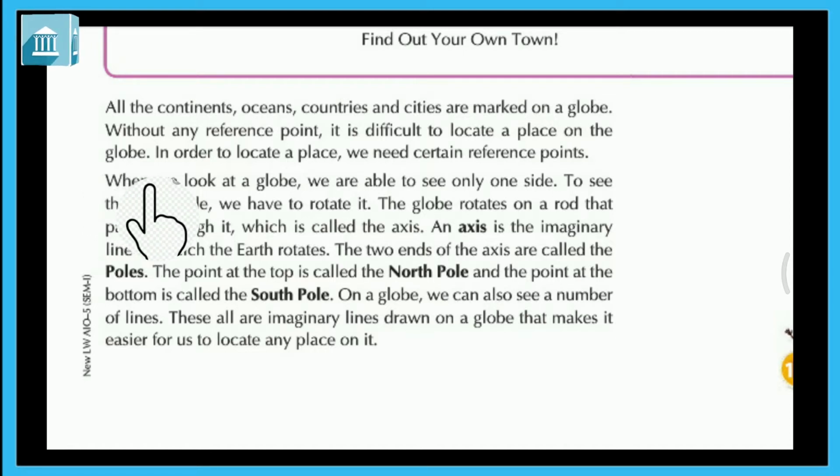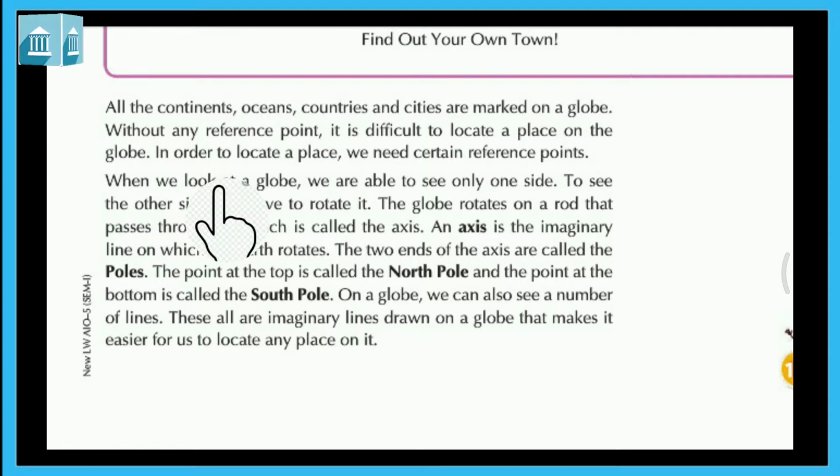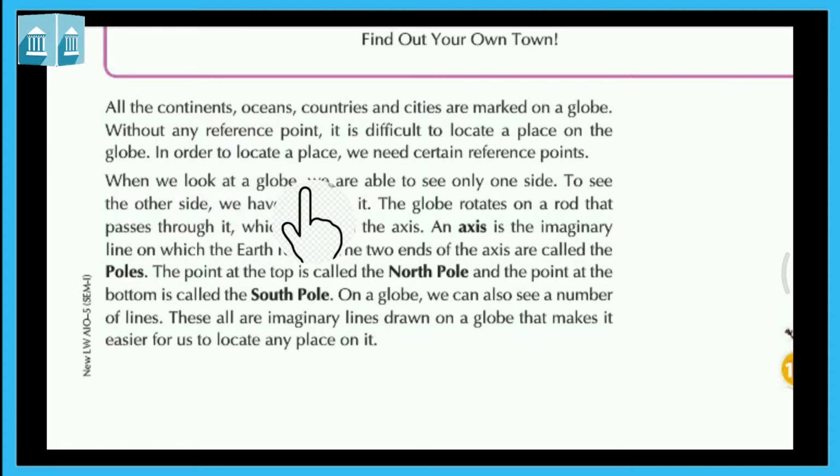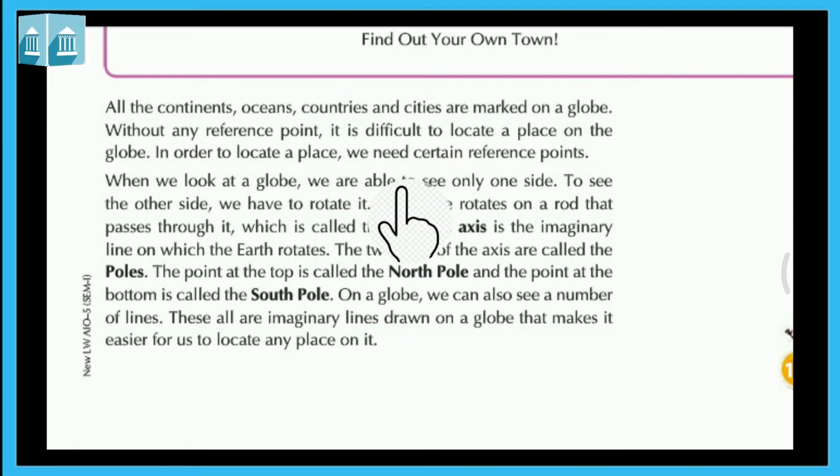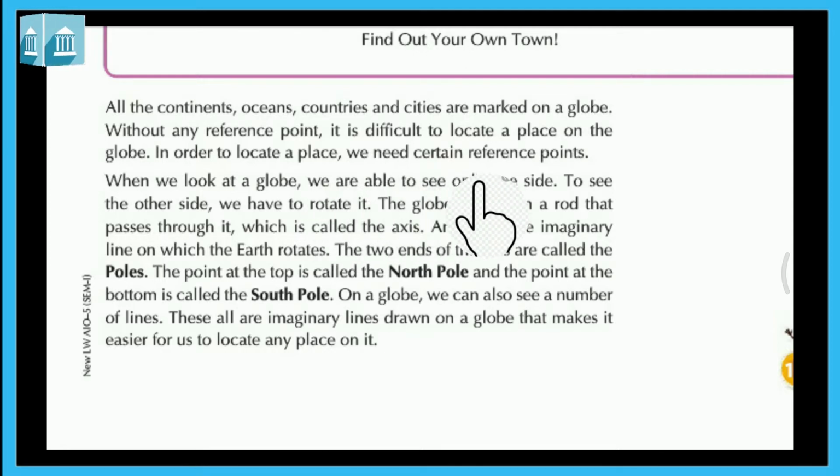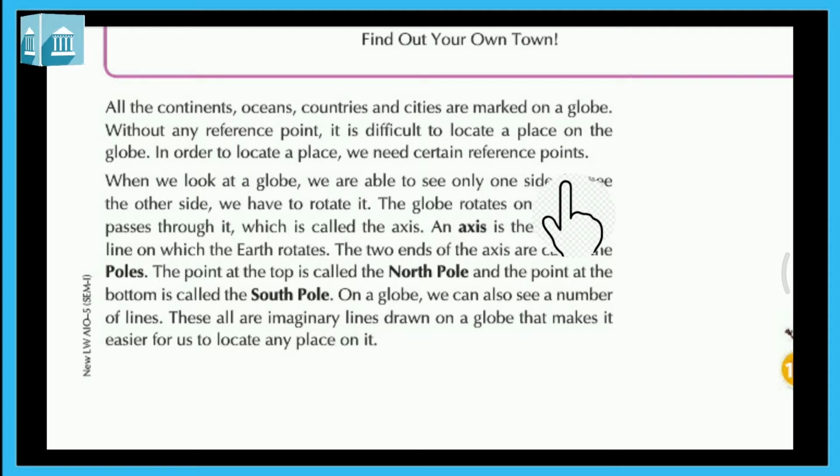In order to locate a place, we need certain reference points.